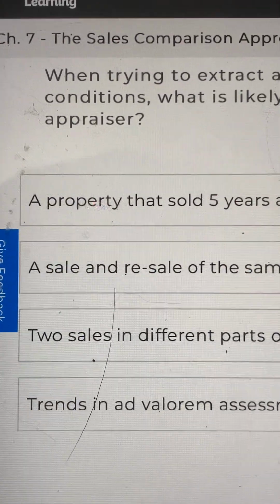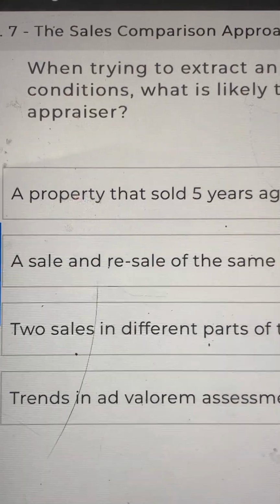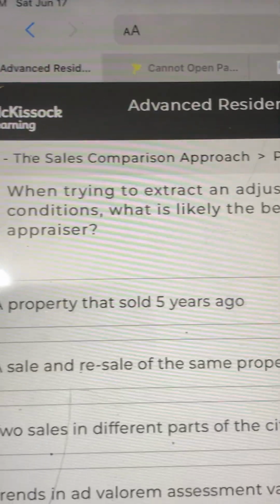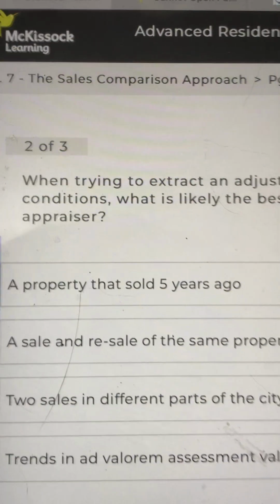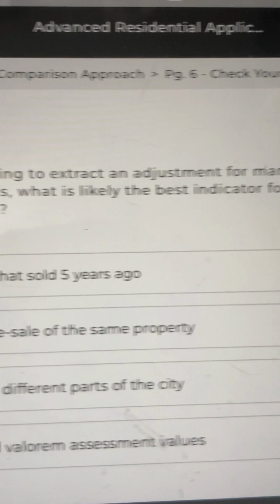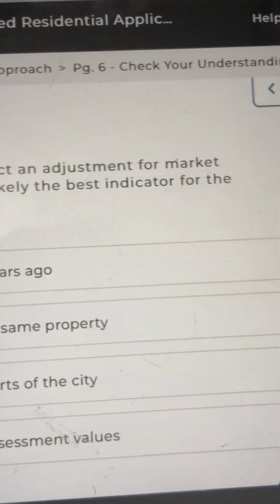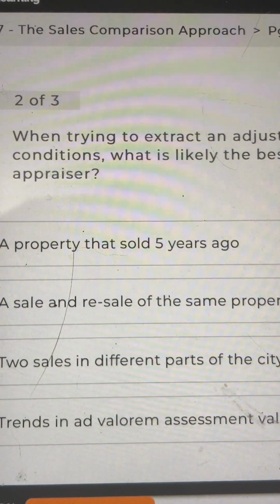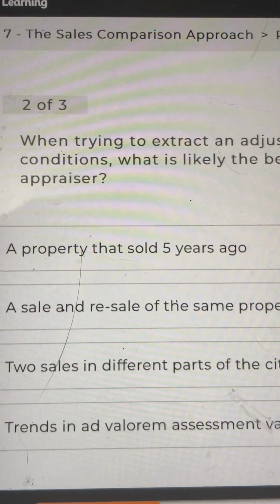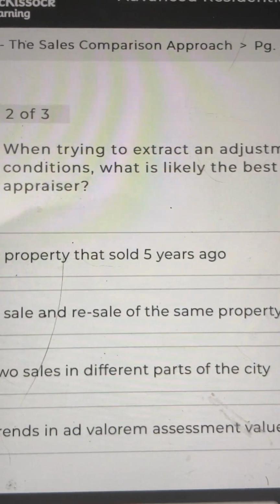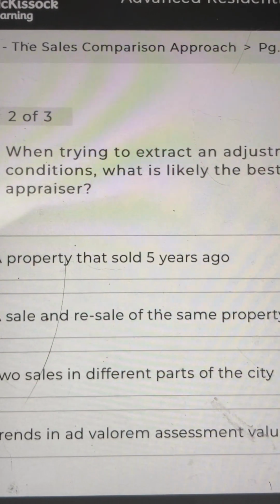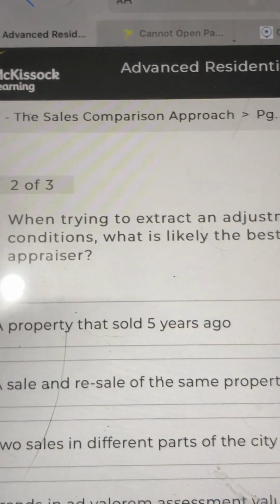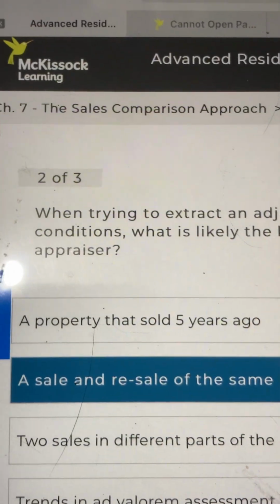Or D. Trends in ad valorem assessment values. Probably, I'm going to go B. A sale and a resale of the same property seems like the best choice.